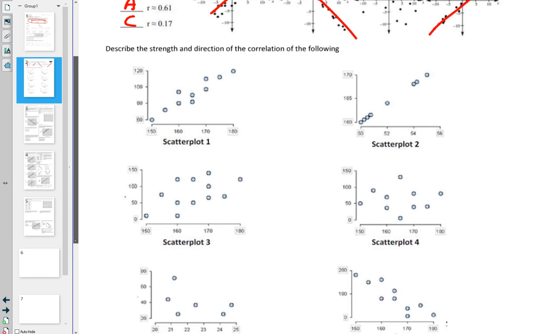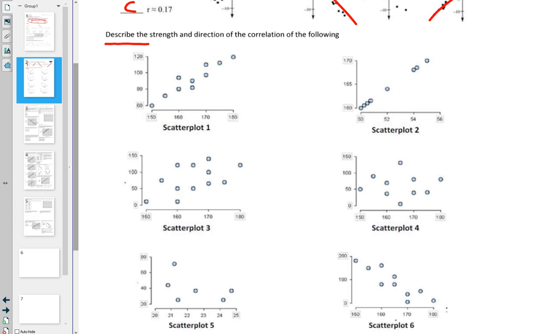All right, these I'm just going to do verbally. It says to describe the strength. So scatter plot 1. You can say really strong, kind of strong, weak, none, positive, negative. So what are some words you would use to describe scatter plot 1? Yeah, I'd say it's pretty strong.